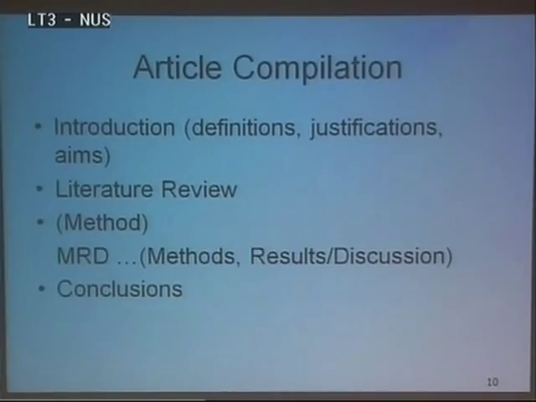Each chapter will consist of an introduction, the aims of the study, the definitions, if there's terminology to be defined, and justifications for the study. And then there's literature review again, very briefly mentioned, and then the method, results, and discussion would be combined into one, and they will have a brief conclusion for each of those chapters.